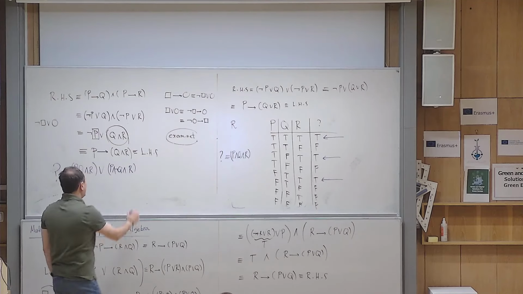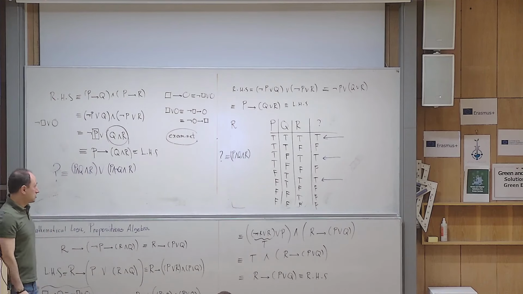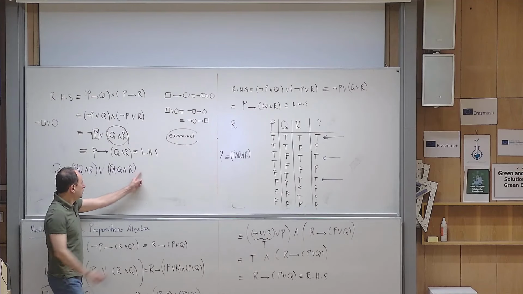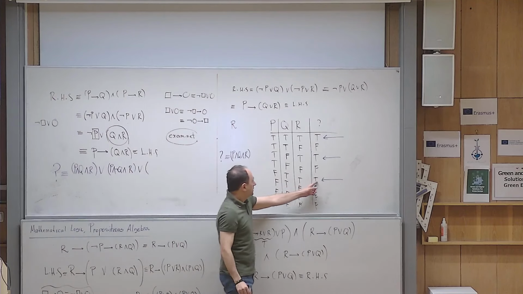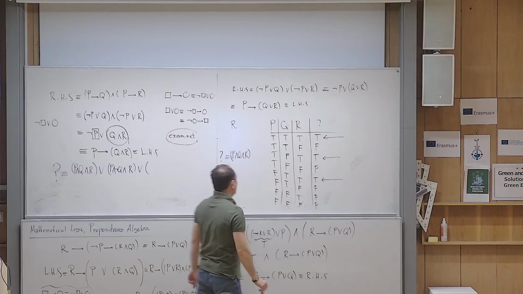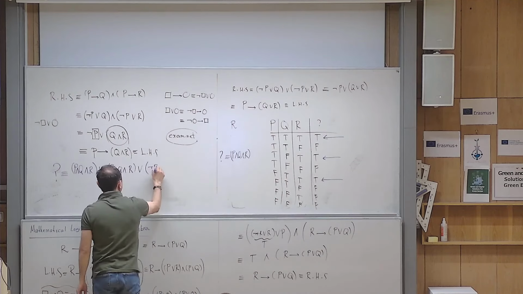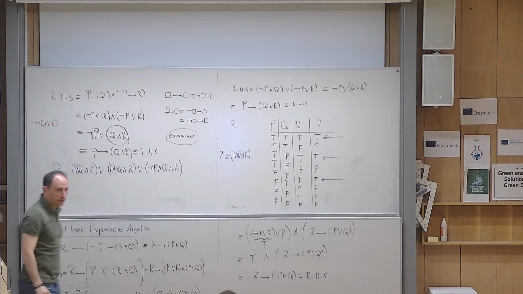Can you guess what I will write next? For the last T, what should I put here? Or not P and Q and R. So it becomes not P and Q and R.